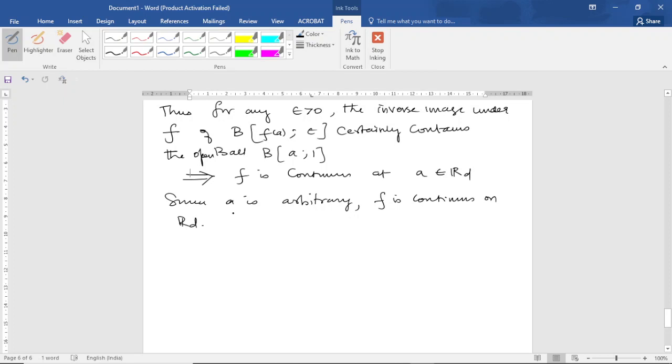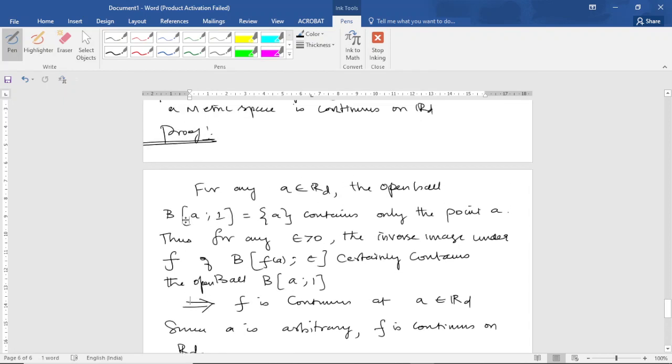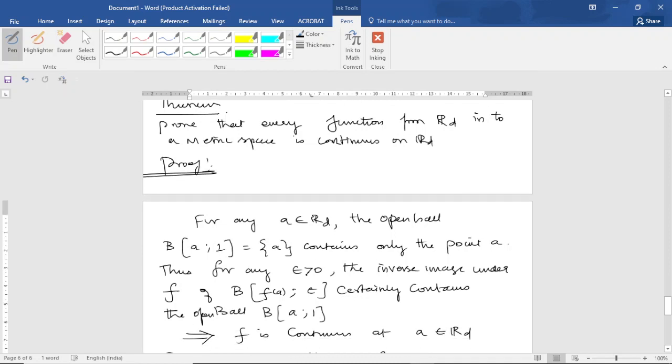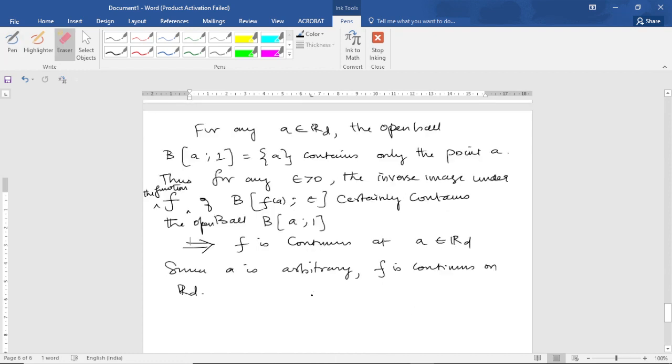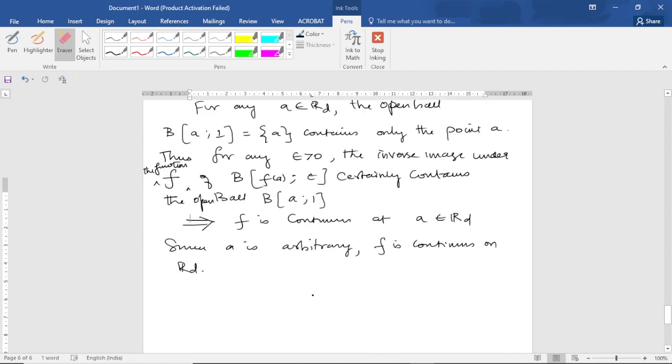Therefore, any function, and we have taken F as any other function, on RD is continuous. It is a function on RD only, which is understood. So any function on RD is continuous. This completes the proof.